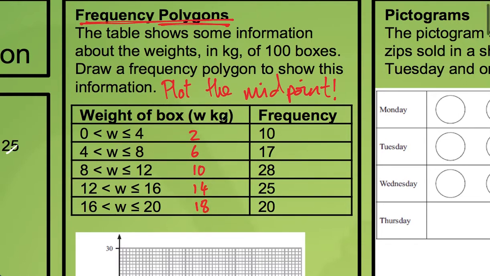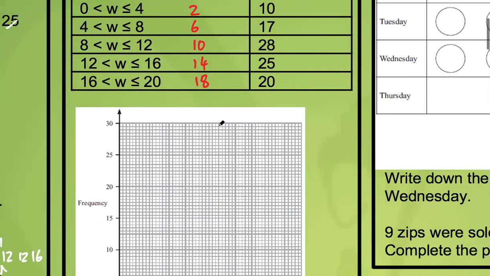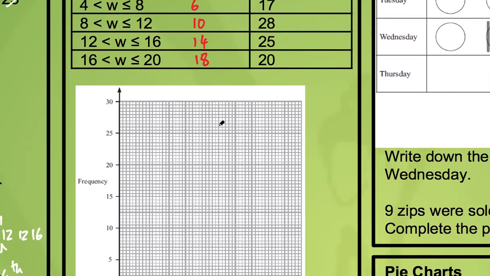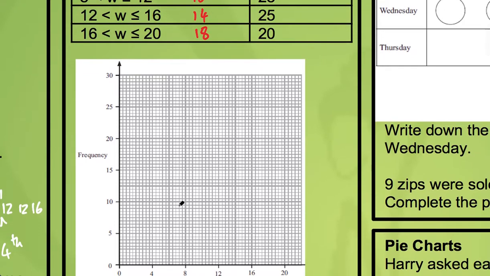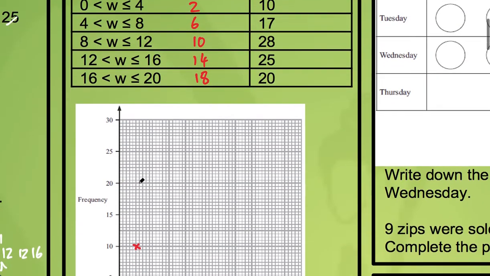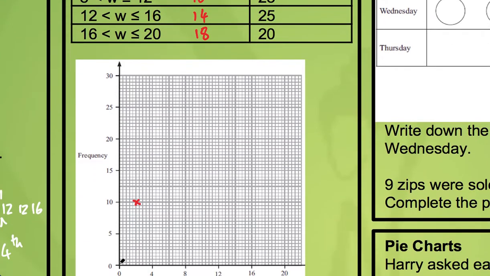So I want to plot a frequency of 10 at the point 2. So here is the point 2, frequency of 10. Frequency of 17 at 6. So here's 6. And a frequency of 15, 16, 17.